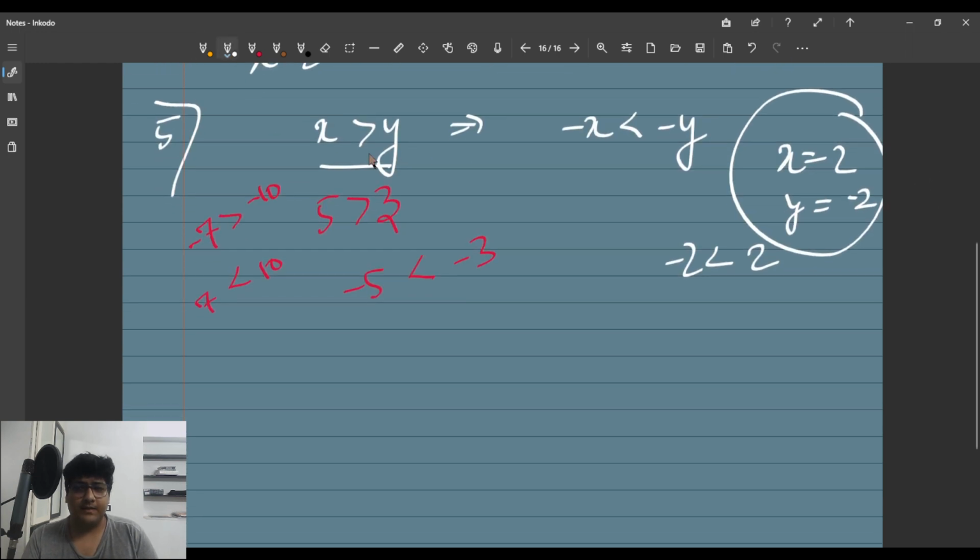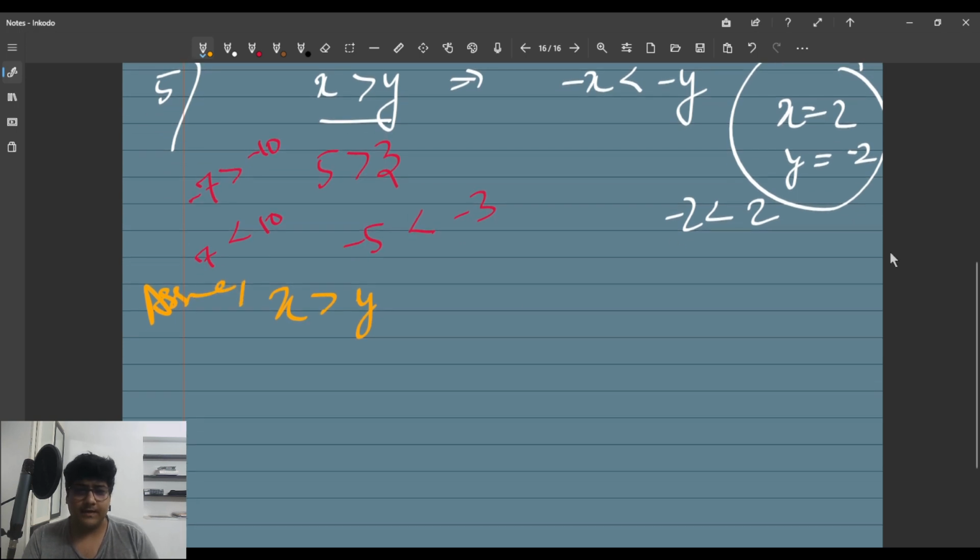So P implies Q. You assume that the P statement, the first statement, is true. You assume x is greater than y, and you assume that minus x is not less than minus y.